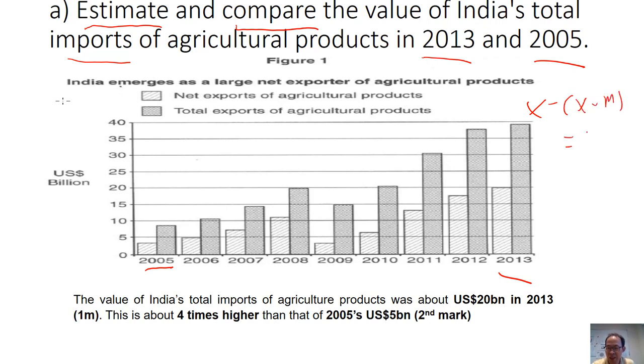So as I said to you, X minus M. That's the beautiful thing of a bracket: minus times minus is plus. So in order to get an estimate of the imports of agricultural goods in 2005, if I look at my figure, somewhere here, you can roughly estimate that in 2005 it's about 5 billion.